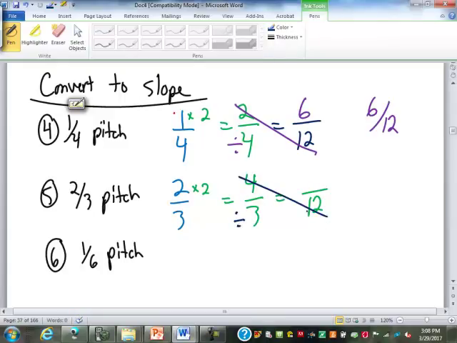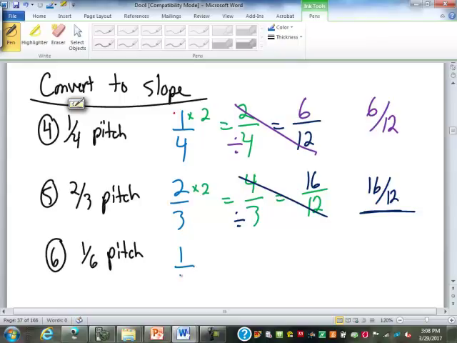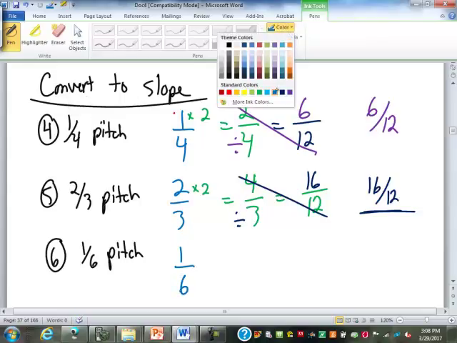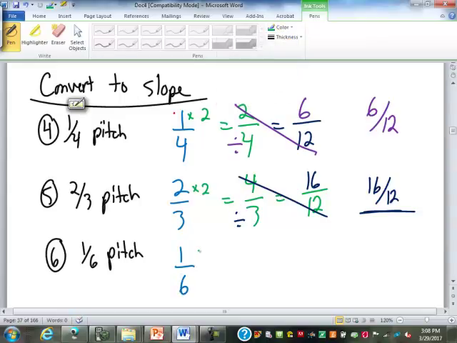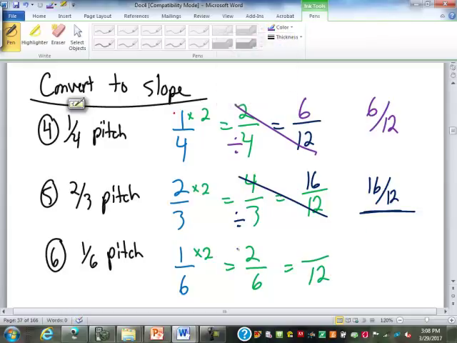Yeah, 4 times 12 is 48, divided by 3 is 16. That is a 16/12 slope. And then the 1/6. Times 2 is 2/6, yep. Perfect. We cross multiply 2 times 12 is 24. Divided by 6 is 4. That's a 4/12 slope. Good job.